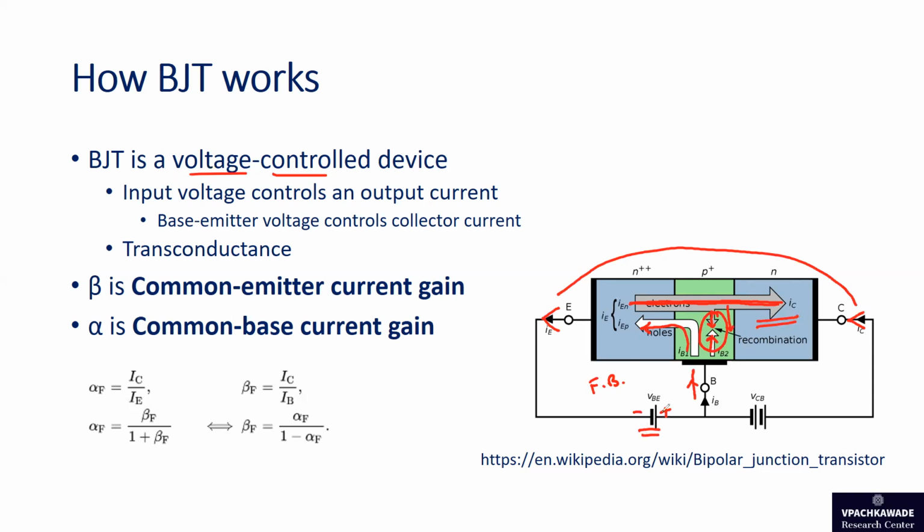The more forward bias you apply, the more injection of electrons from emitter to the base and subsequently to the collector, because the base region is quite narrow and only there to collect a few electrons. So recombination is very low and the majority of the charge carriers, that is electrons, travel from emitter to the collector. So the more forward bias you apply, the more output current there will be.